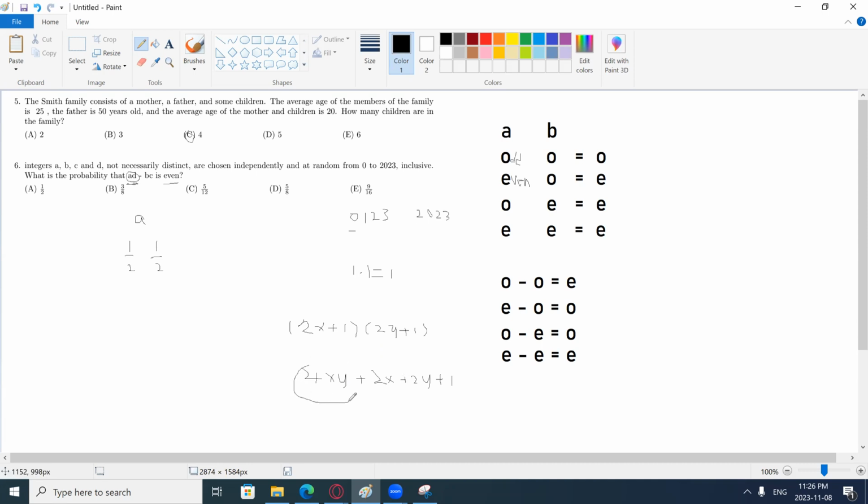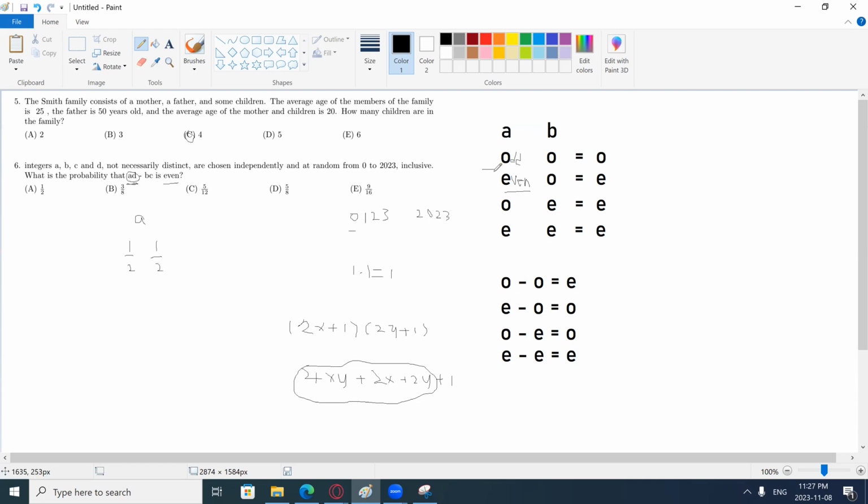And since all of these terms except the 1 are divisible by 2, an odd number times an odd number is also an odd number. And an even number times an odd number is an even number, because the even number already has a factor of 2. That means its product is also going to have a factor of 2, making it even.